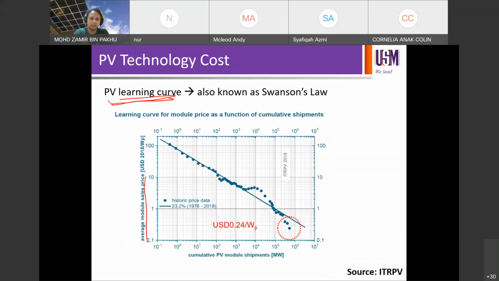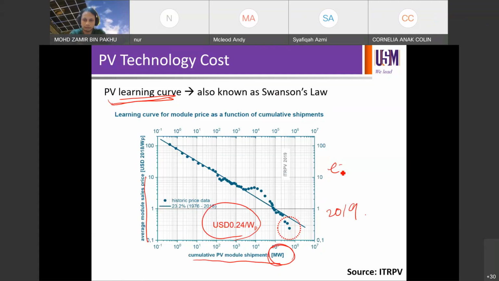The y-axis is in terms of USD per watt, and the x-axis is in terms of cumulative PV module shipment, based on the shipping or production by companies. And in 2019, the cost has dropped to around 24 cents per watt, due to economies of scale.